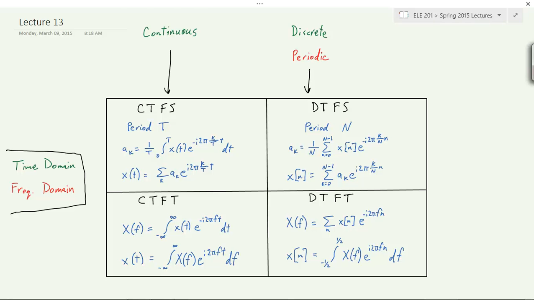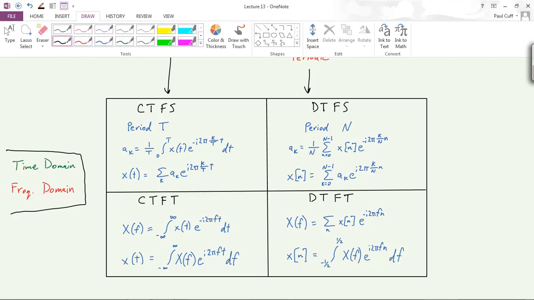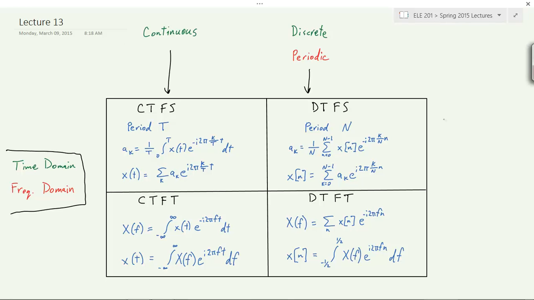Okay, now along these rows, for the Fourier series, that's the top row. In time, you should be dealing with a periodic signal. That's what the Fourier series is defined for, periodic signals. All right, and the Fourier transform, on the other hand, does not require that it be periodic.